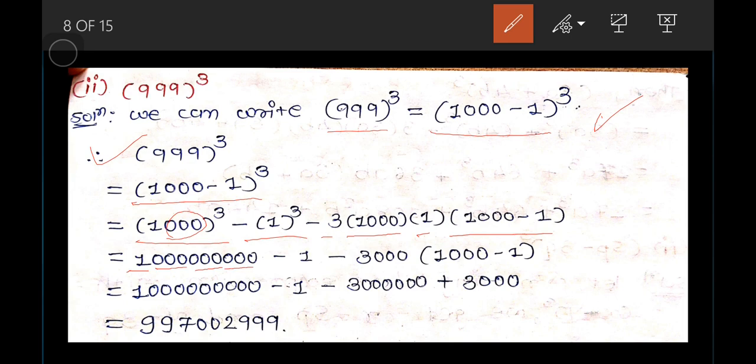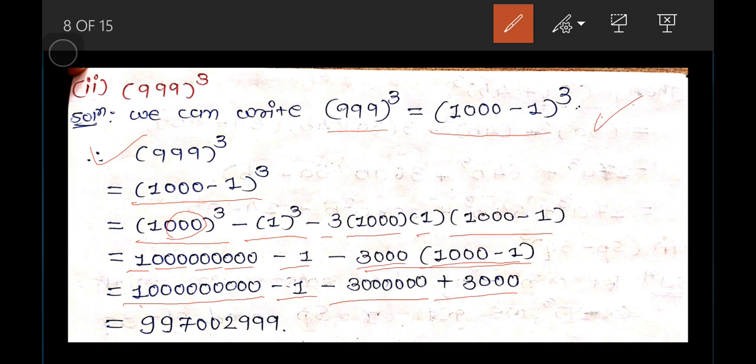So this is the cube of 1000. Now 3 into 1000, that is 3000, into 1000 minus 1. Now we multiply this product as given here, minus 1, minus 30 lakhs, plus, minus minus plus, and 3000 into 1, that is 3000.